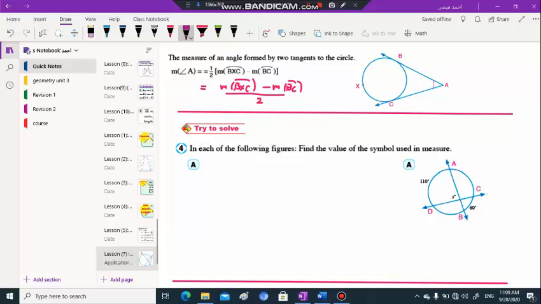So we have example number 4. In each of the following figures, find the value of the symbol used in the measure.